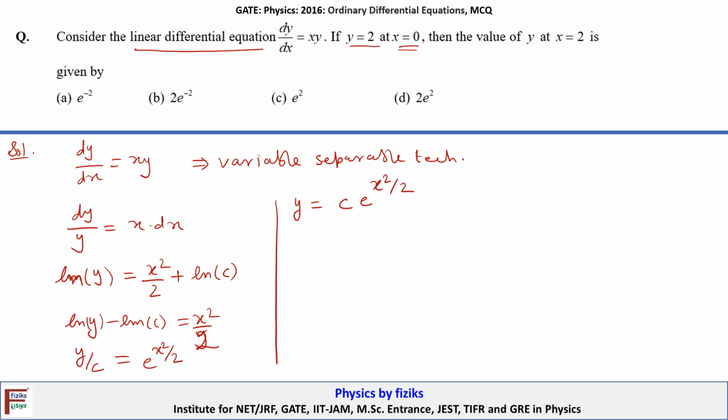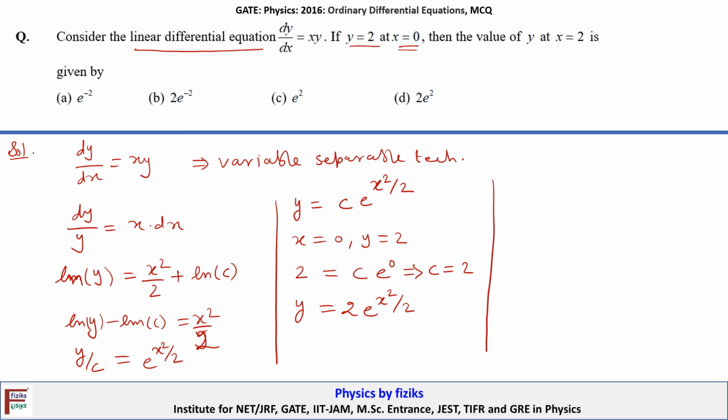Now applying the first boundary condition, that at x is equal to 0, y becomes 2. Therefore on substituting y is equal to 2 at x is equal to 0, then e to the power 0, and from here we can write c is equal to 2, and hence the final solution can be written by substituting this arbitrary constant value as 2 into e to the power x square by 2.